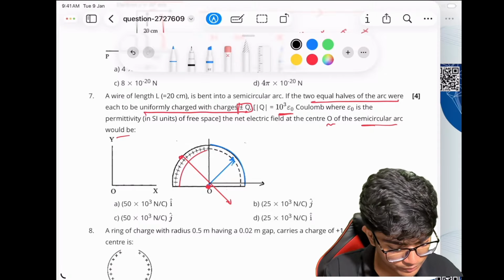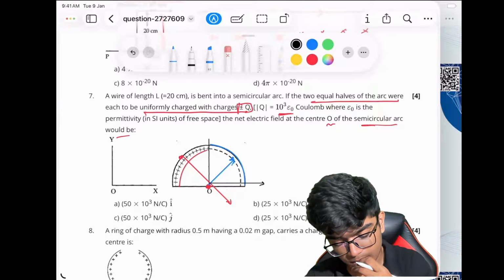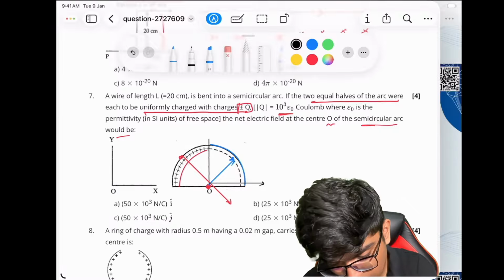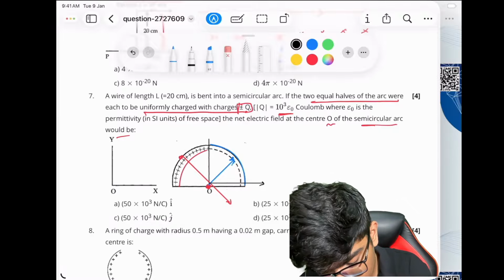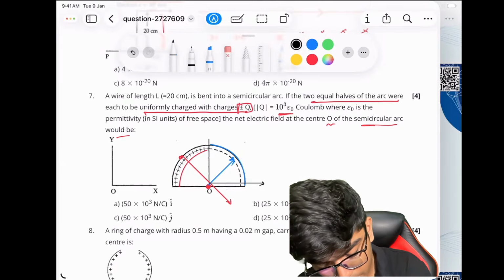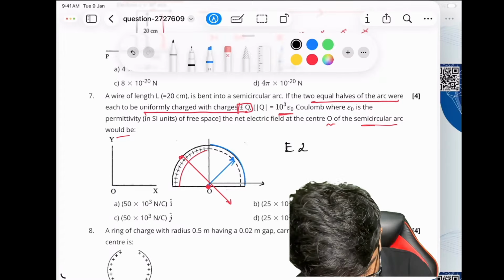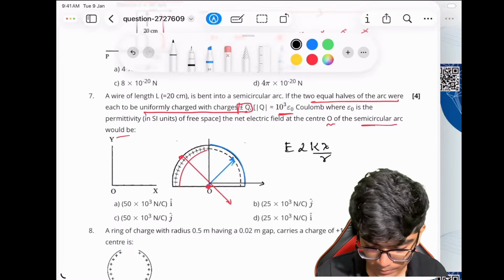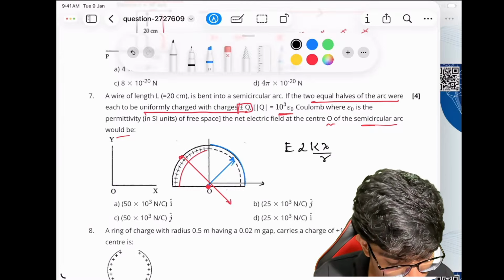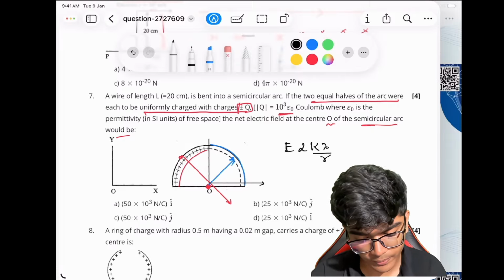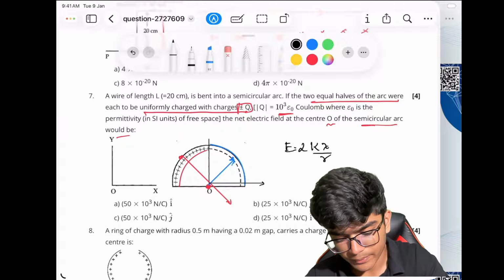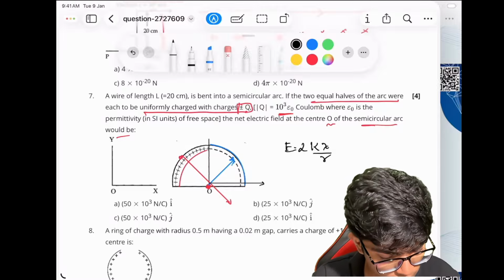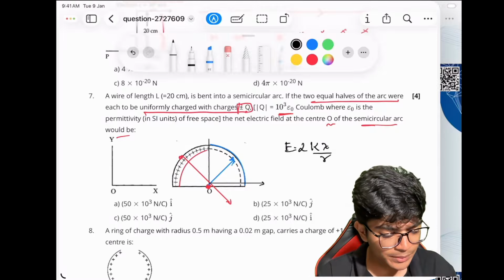How do we find it? We know that field is equal to 2 times k lambda by r. Correct? Does anyone have a doubt about this equation? Lambda is nothing but the linear charge density, right?